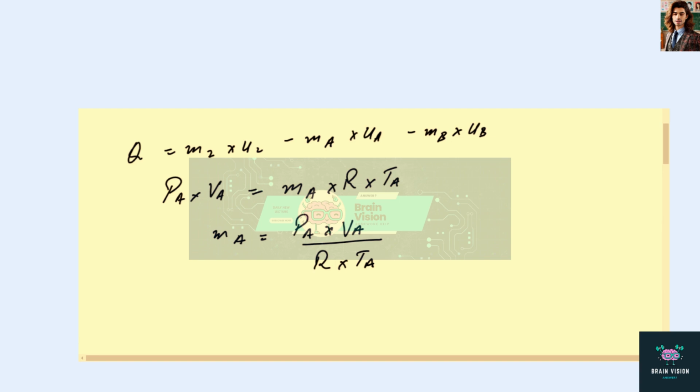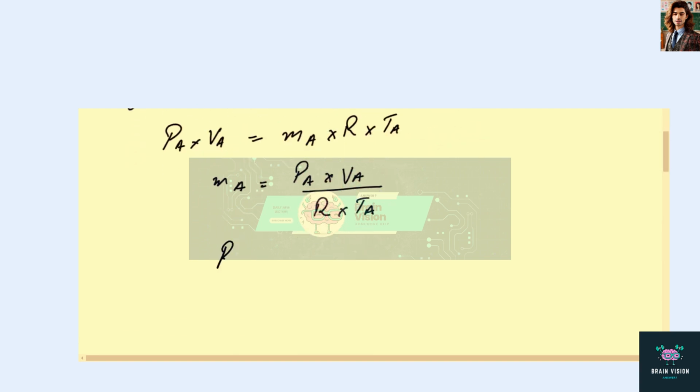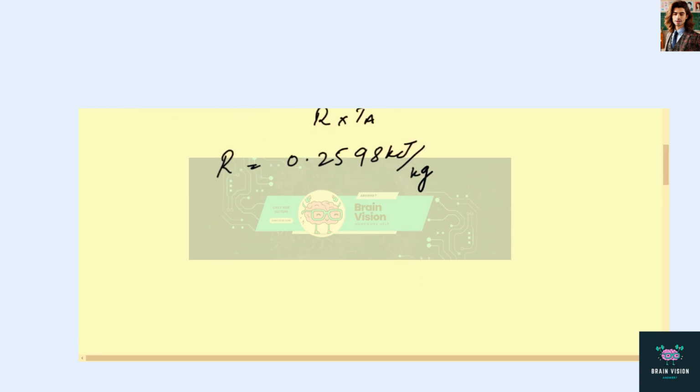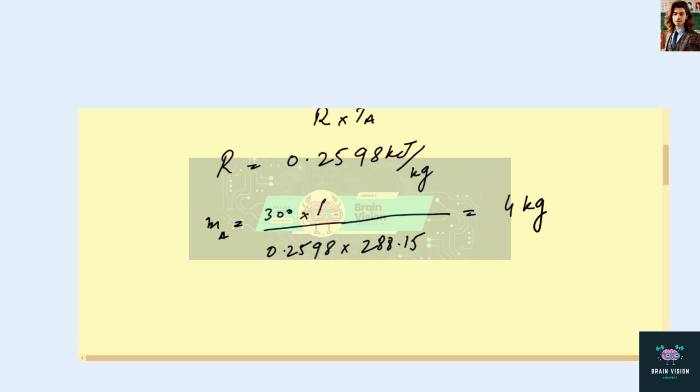From the table corresponding to oxygen, we've got the value of R is equal to 0.2598 kilojoules per kg Kelvin. So MA is equal to 300 into 1 divided by 0.2598 multiplied by 288.15, and that is equal to 4 kg.